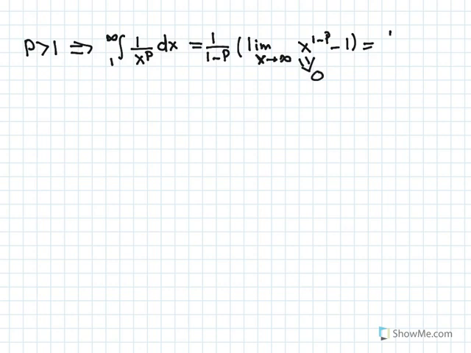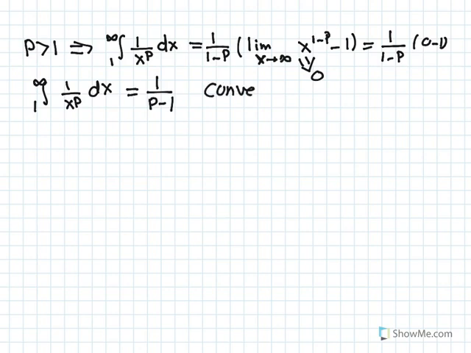So the result will be 1 divided by 1 minus p times 0 minus 1. So the integral of 1 over x to the p dx, integrated from 1 to infinity, is equal to 1 over p minus 1. So the improper integral converges for p greater than 1. We now found the values of p for which this p-integral basically converges.